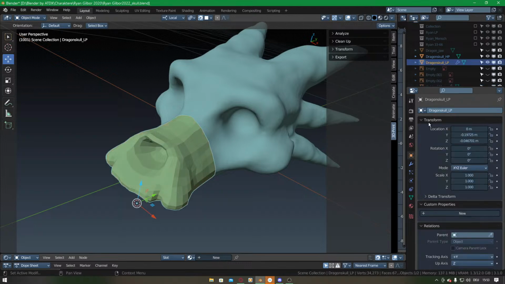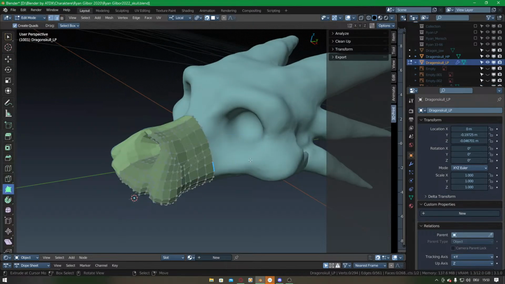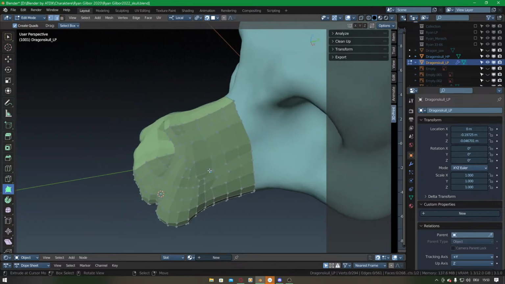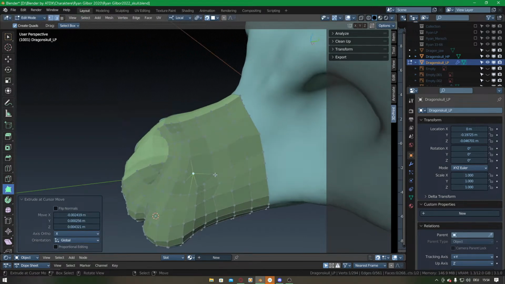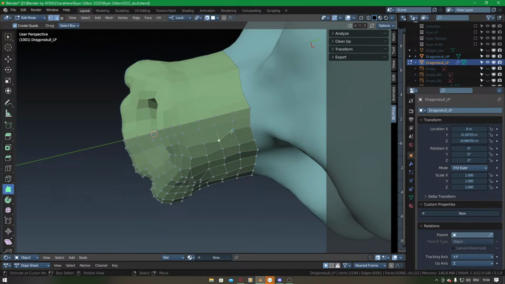Copy and paste. There we go. Now it's named correctly. Let's see. And get this up a bit so it's distributed more evenly.